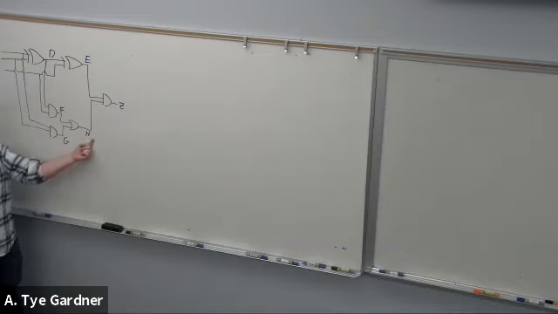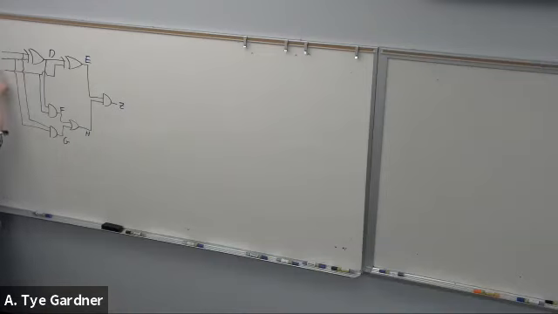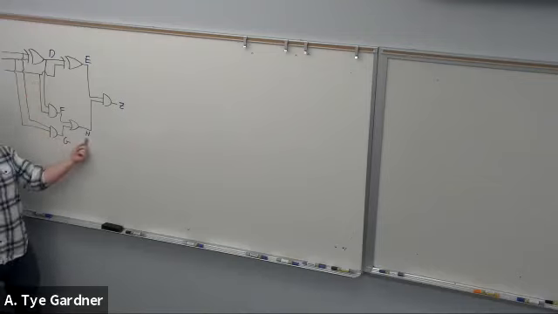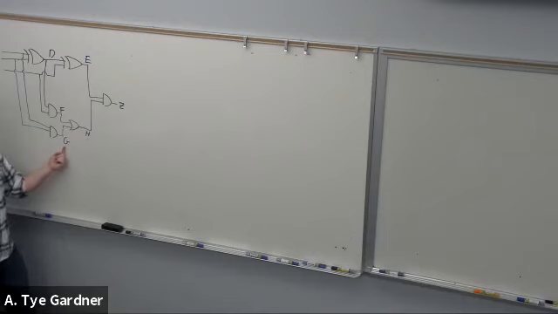Take H, for example. H could be really hard if you're trying to treat H as the complex expression of A XOR B and C or and, right? But it's not really a complex expression because once you have F and G correct, you're done, right?